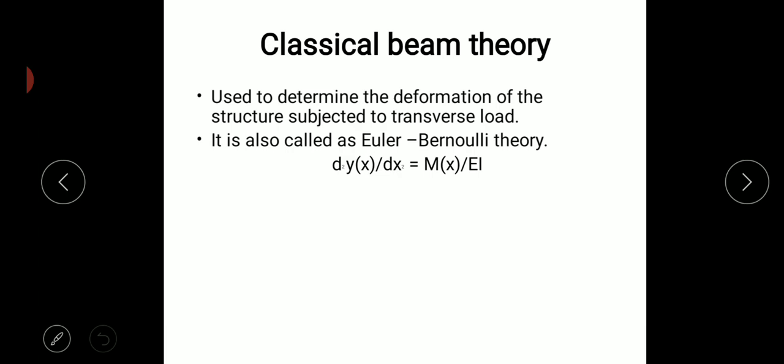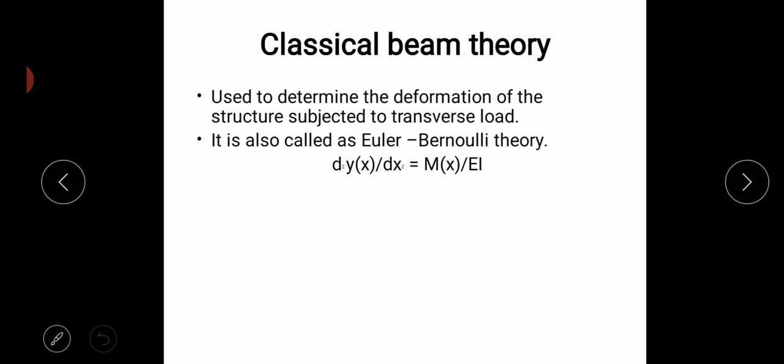In your strength of materials you have studied the concept of simple bending. Along with that concept of simple bending, you derived the bending stress equation, that is M by I is equal to E by R, that is equal to sigma by y. So that is called Euler-Bernoulli theory.